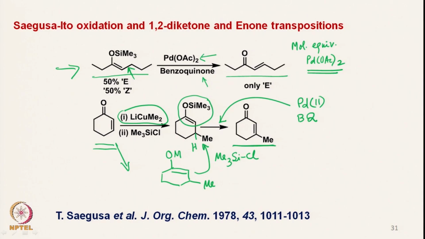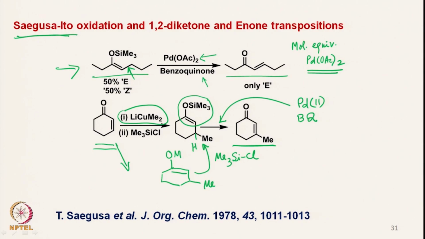Now two things are important. One, of course, is that Saegusa was a Japanese chemist, and Ito, they were the ones who did the reaction first, and therefore this is called the Saegusa-Ito reaction.